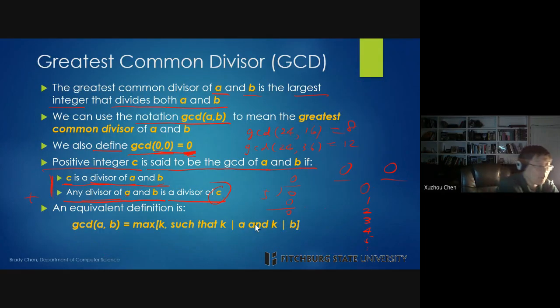So that's basically what this says. So we can define this: the greatest common divisor of a and b is any k that can divide a and b, but the largest such k. So the largest common divisor is the greatest common divisor.